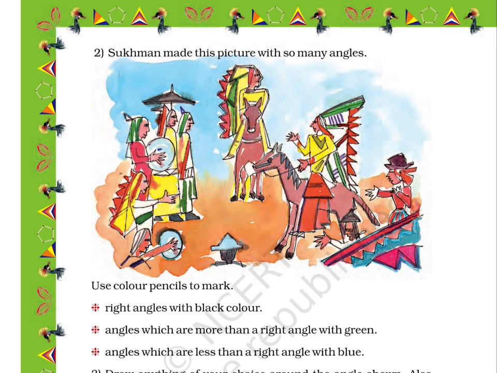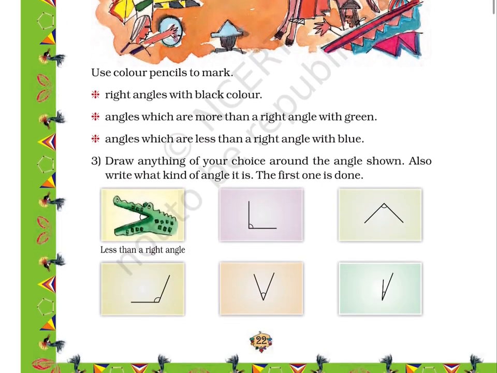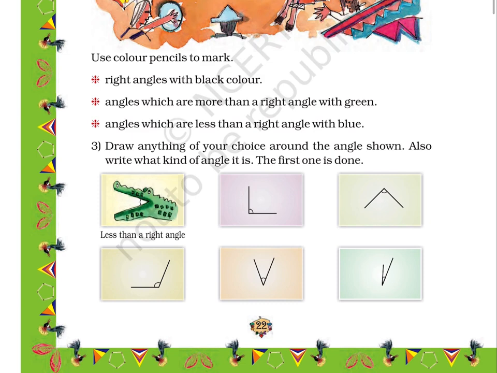Use color pencils to mark right angles with black color, angles which are more than a right angle with green, angles which are less than a right angle with blue. 3. Draw anything of your choice around the angle shown. Also write what kind of angle it is. The first one is done.